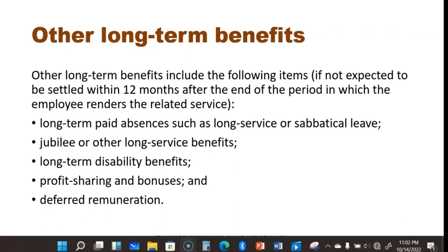Other long-term benefits include the following items. As I've indicated in the initial part of this video, other long-term benefits are those benefits which are not expected to be settled within 12 months after the end of the period in which the employee renders the related services.